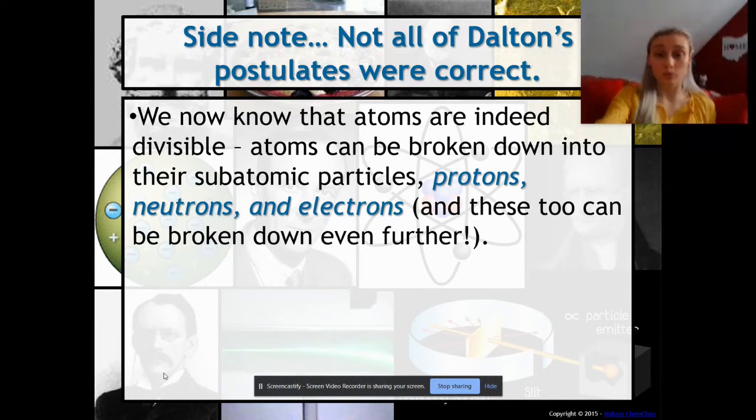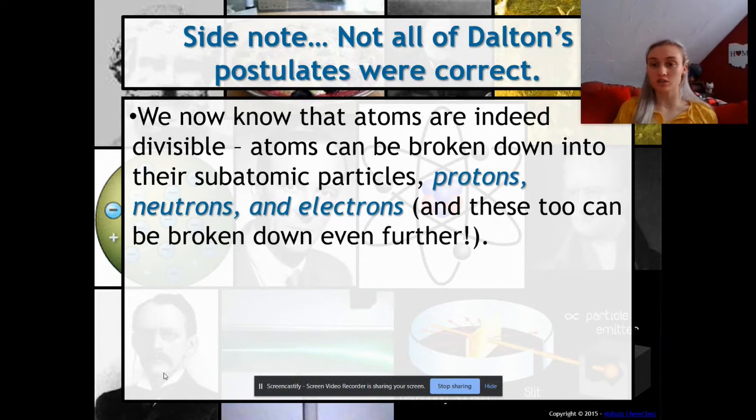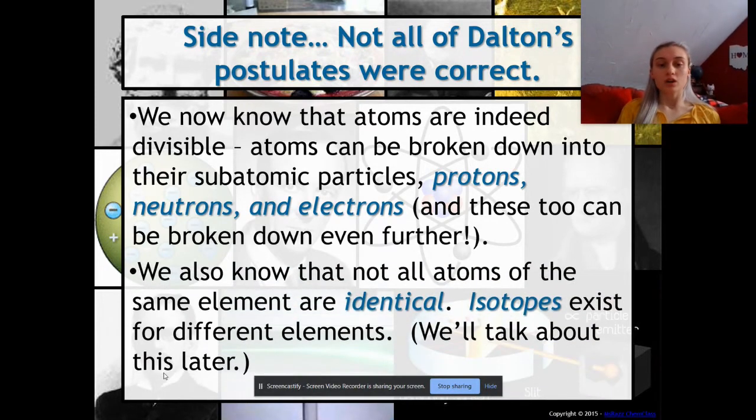To continue, we know that another one of Dalton's postulates was also wrong. So he said that atoms of the same element, so that would be having multiple atoms of an element like oxygen, are all the same, so are all exactly the same. And so we know today that that's not exactly true. For example, we have something called isotopes.